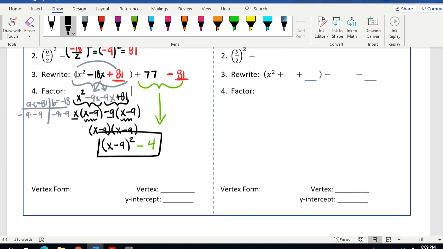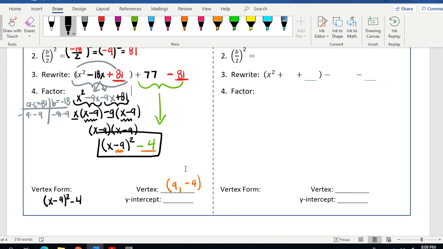All right, so let's go find my vertex actually now. So I got to take the opposite of what's inside my parentheses, which is 9, okay, and my negative 4 stays the same. All right, and vertex form is x minus 9 squared minus 4.